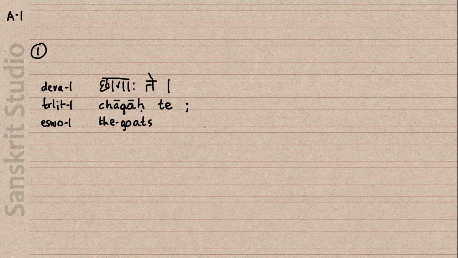what is te now? Well, it's a pronoun, of course, but the difficulty here is that we have different pronouns that are spelled exactly the same way. So we have one feminine pronoun te in the dual third person, and then we have another te in neuter third person for the dual.